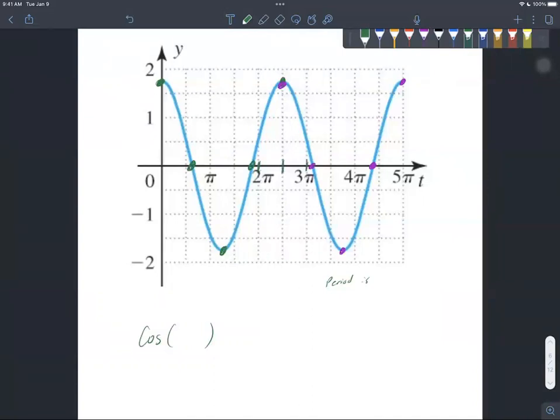And so if we write these in halves, this would be 4/2 pi, or 6 pi over 2 is 3 pi. So this would be 5 pi over 2 for one period. The period is 5 pi over 2.